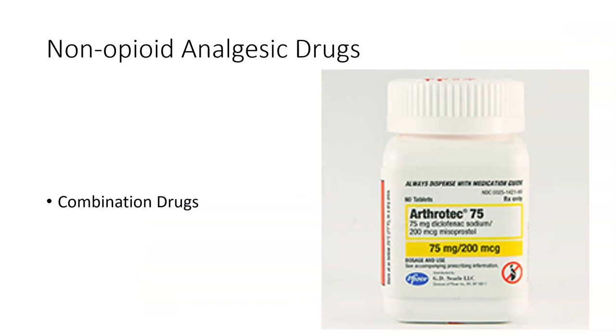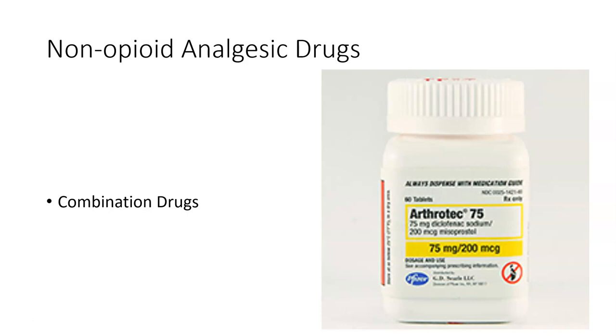There are also combination drugs. So the drug Arthrotec is a combination of diclofenac, the NSAID, with misoprostol, which we talked about with ulcers, Cytotec. So here we have Arthro. It's for people with arthritis, but it's got that Cytotec protect part for the stomach.